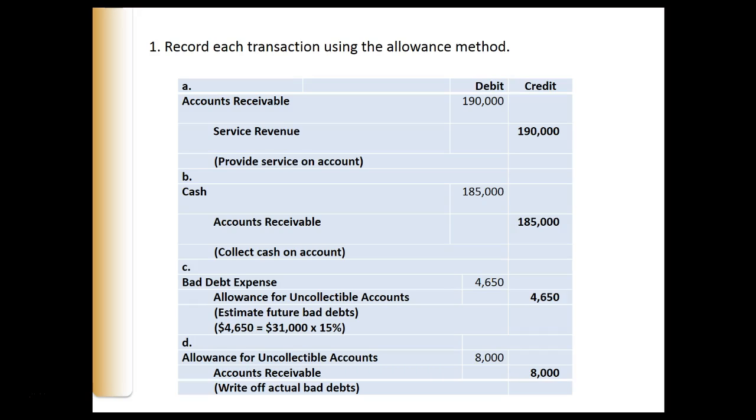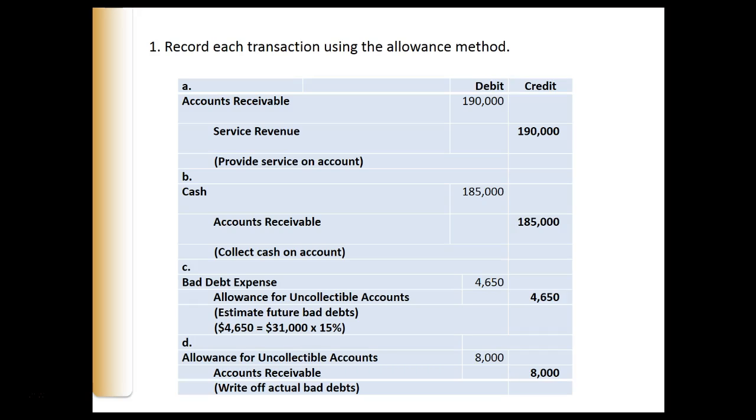So our credit to allowance for uncollectible accounts will be $4,650. Then we know we wrote off $8,000 of accounts. So we will debit our allowance for uncollectible accounts of $8,000, and we will credit those specific accounts receivable for $8,000.